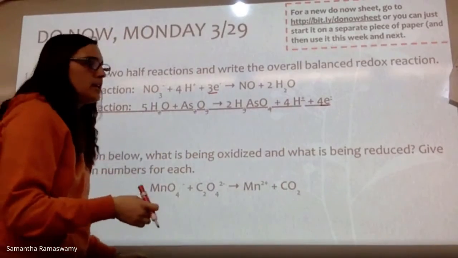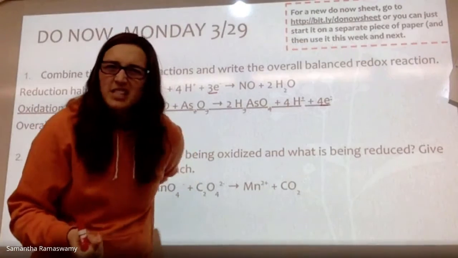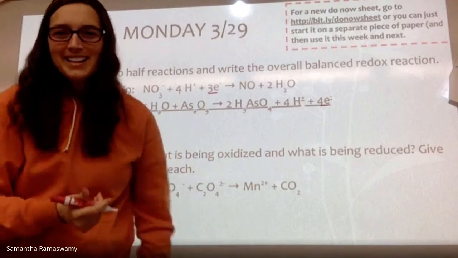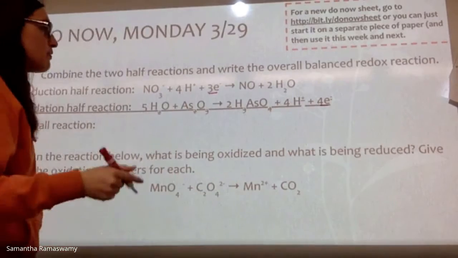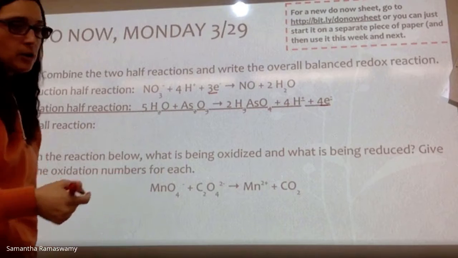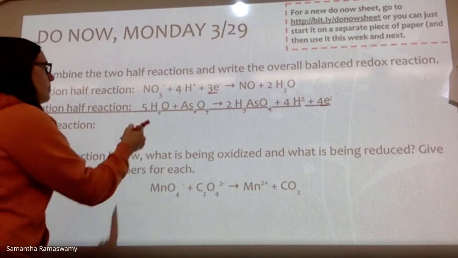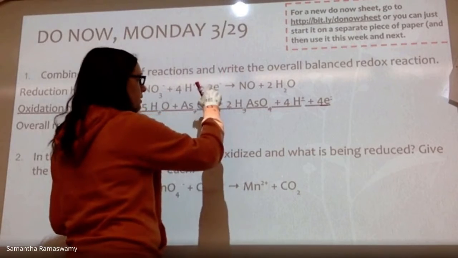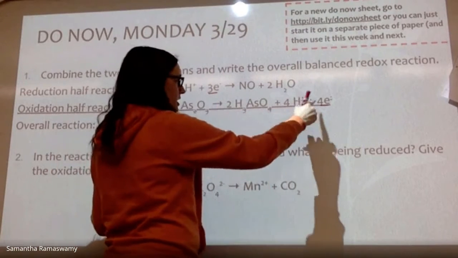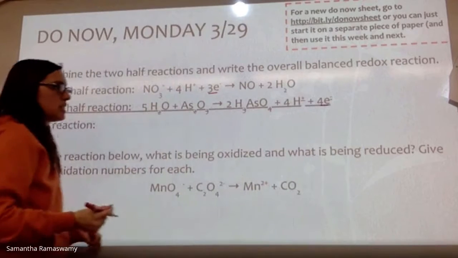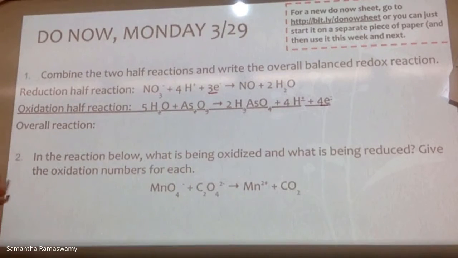Well, think about the least common multiple, is that the mathematic term, of 3 and 4. The least common multiple of that is 12. So I want to make this top reaction, I want to make this equal 12. And for the oxidation half reaction, I want the electrons to equal 12. And so think about what you need to multiply each one of those by.